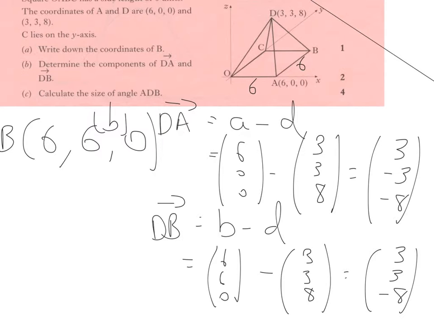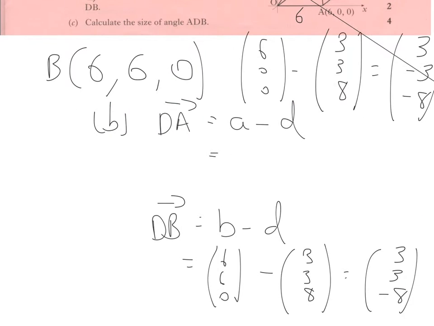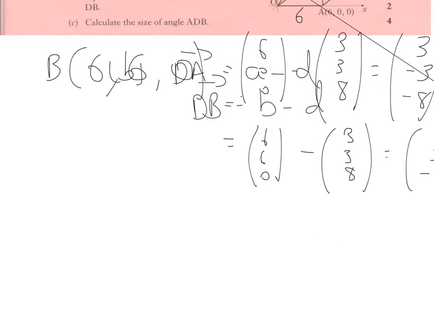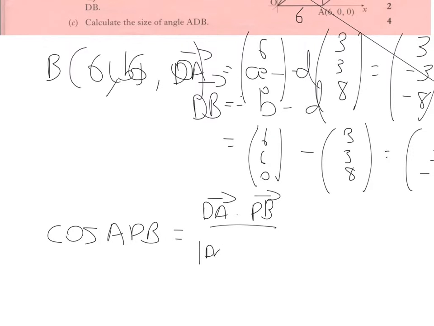So next we're looking for the angle ADB. So we can use this information and put it into the formula for the scalar product. So cos ADB is going to be equal to DA dot DB over magnitude DA times magnitude DB.